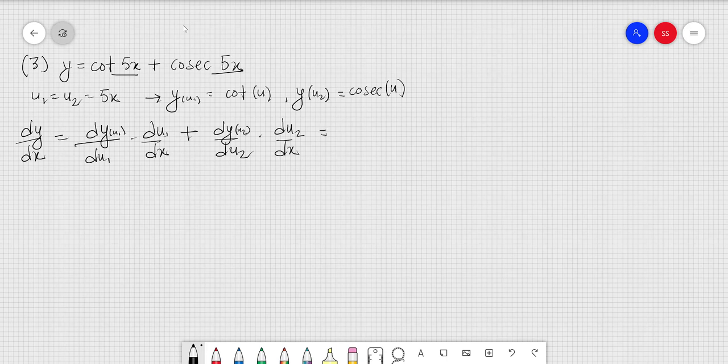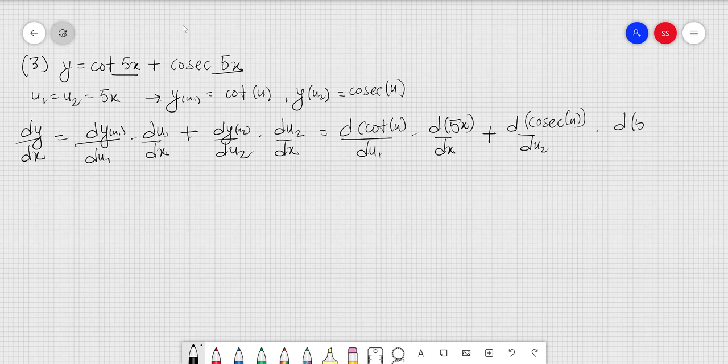It's just a matter of substituting those values. So your y as cot u with respect to u1 times your u1, which is 5x, with respect to dx, plus y as cosec u with respect to u2 times your u2, which is 5x again, with respect to x.